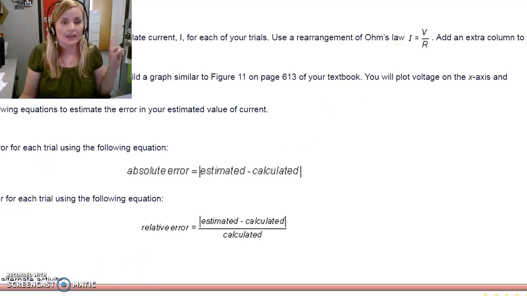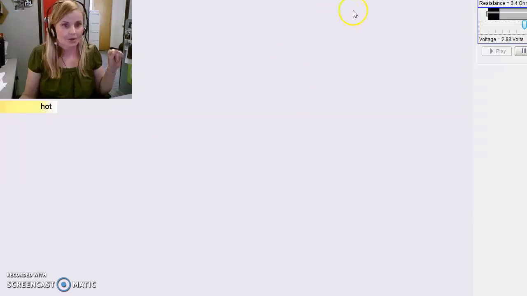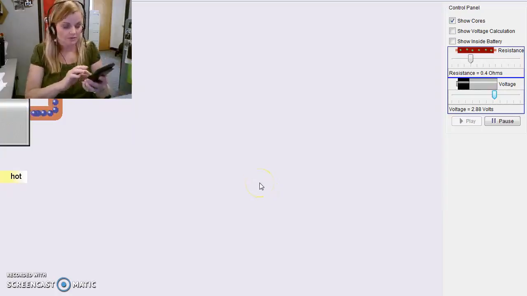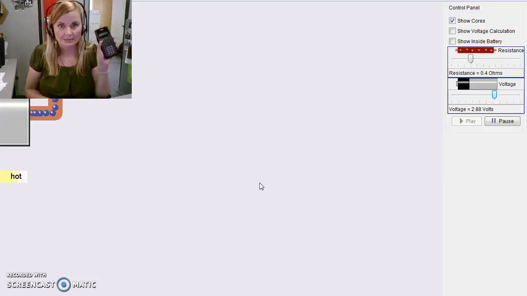Let's look at what the calculated value would be. Voltage divided by resistance. Well, the voltage is 2.88 and the resistance is 0.4 ohms. 7.2 is my calculated amperage. Okay, pretty close, right? Not bad.